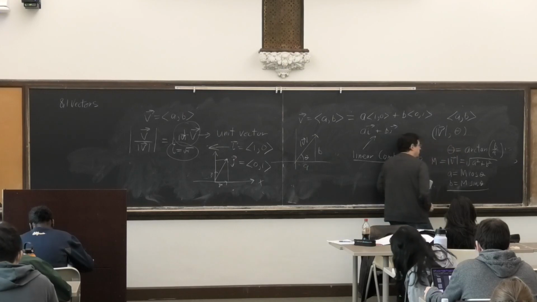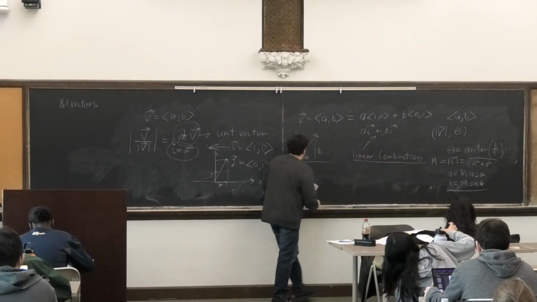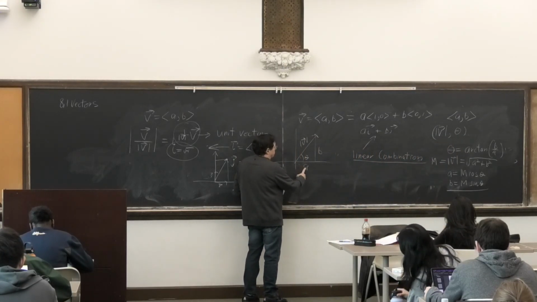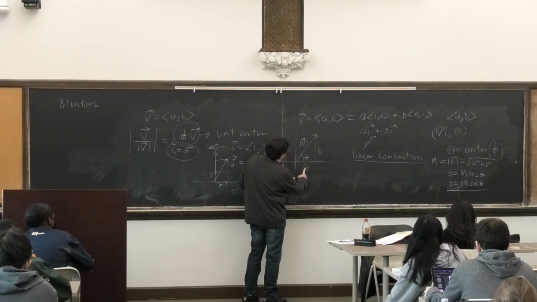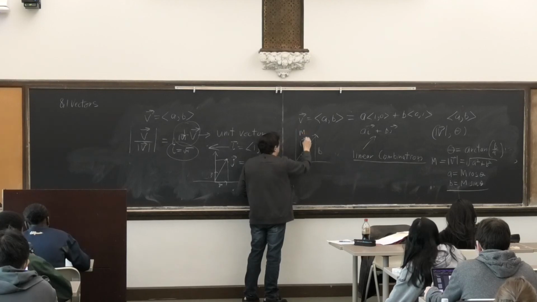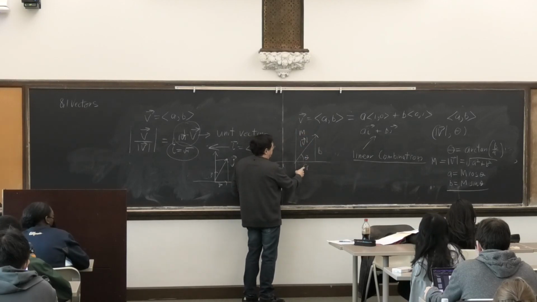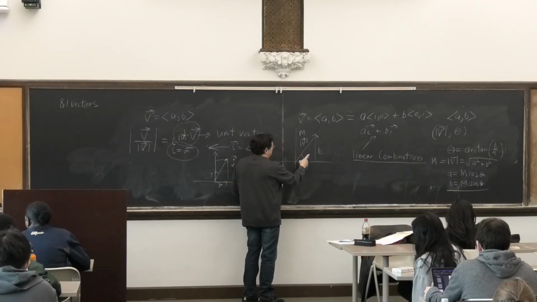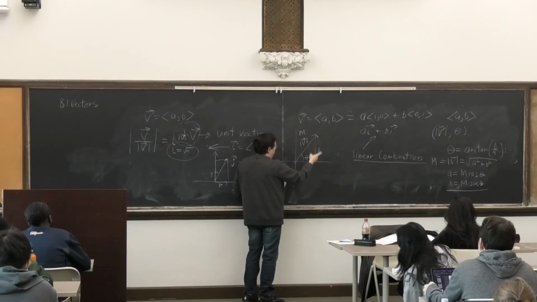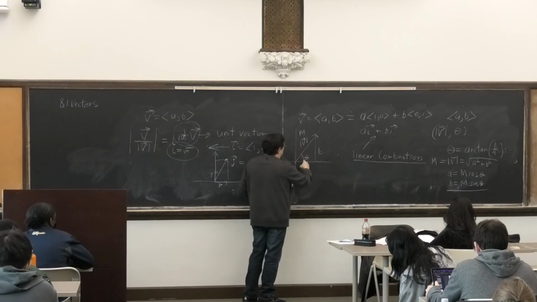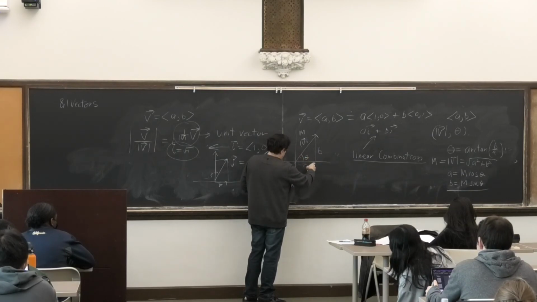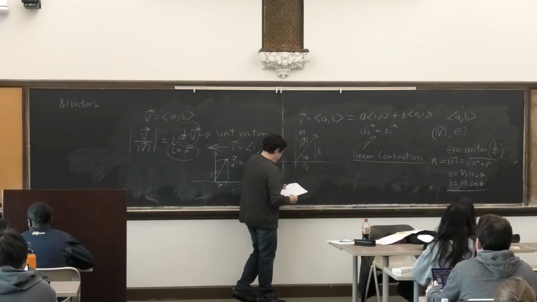That's our main connection with trigonometry here. Call this m, and you can see that m times the cosine of theta is a, and m times the sine of theta is b.